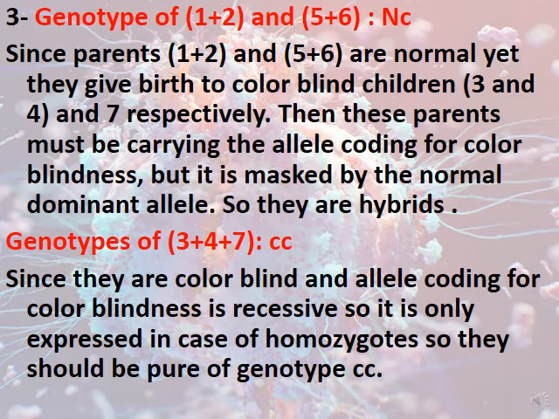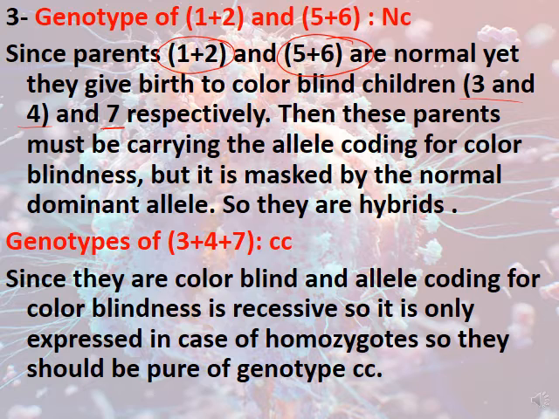1 and 2, 5 and 6, we can work with them together, but you have to specify. Parents 1 and 2 and 5 and 6, they're normal. So they gave birth to 3 and 4 and 7 respectively. What does it mean? This means that 1 and 2 gave birth to 3 and 4, while 5 and 6 gave birth to 7 respectively. So these parents must be carrying the allele of the disease, but it was masked in the parents.